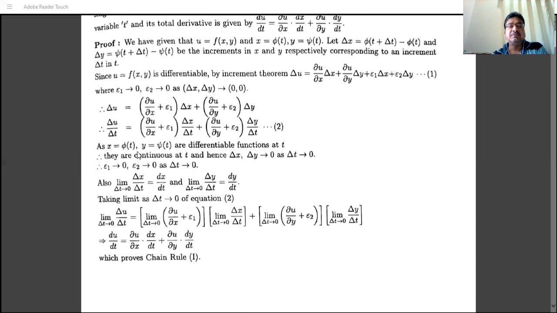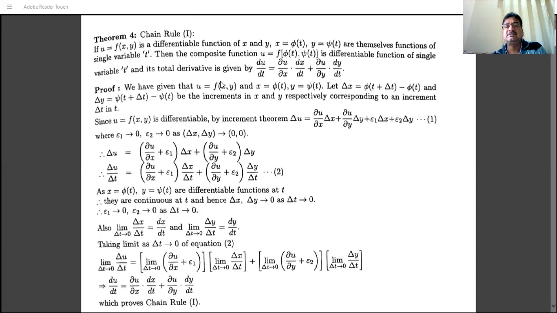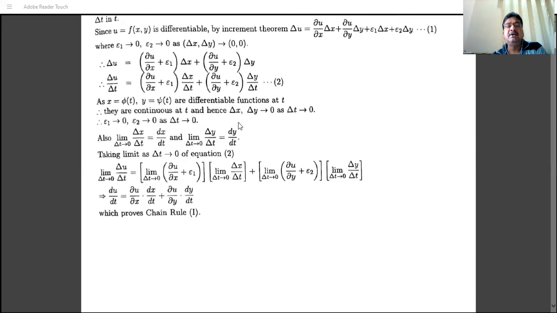As x equal to phi(t) and y equal to psi(t) are differentiable functions of t, as given, they are continuous, because every differentiable function is continuous. Therefore these are continuous functions of t, and hence delta x and delta y tend to 0 as delta t tends to 0. That is, if delta t tends to 0, then delta x and delta y also tend to 0, and therefore epsilon 1 and epsilon 2 tend to 0.